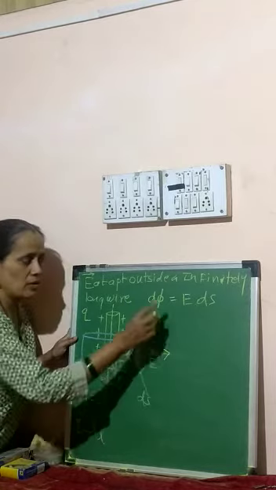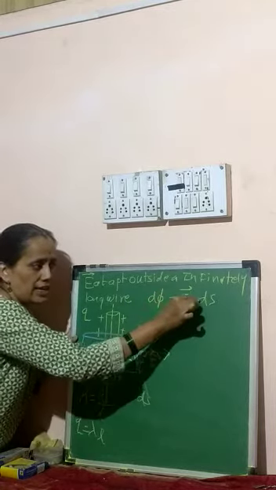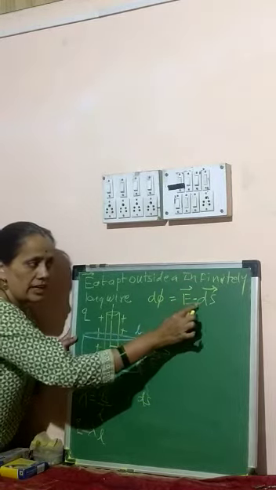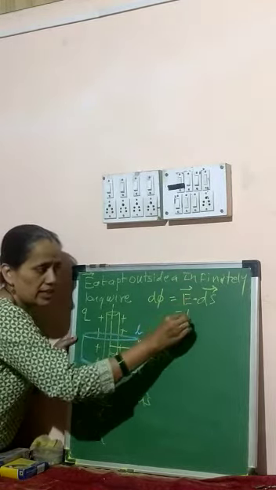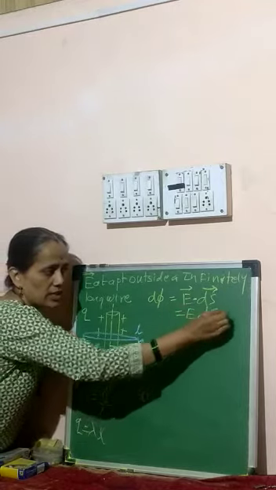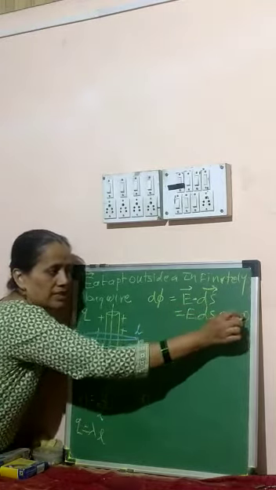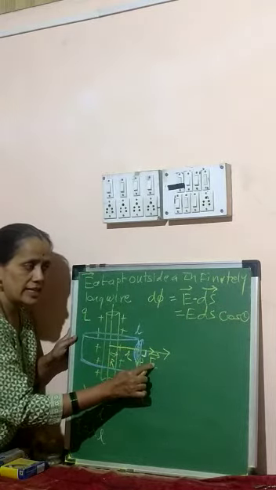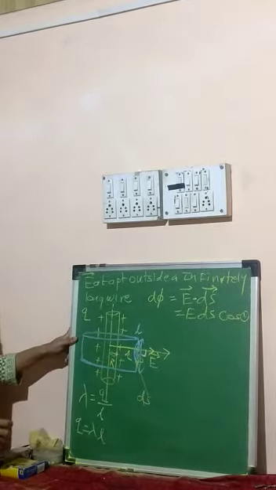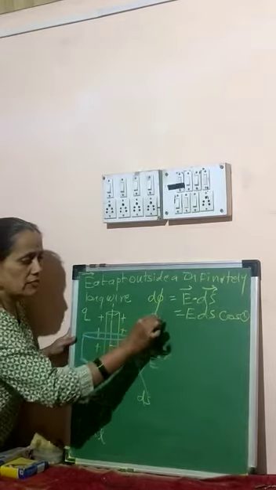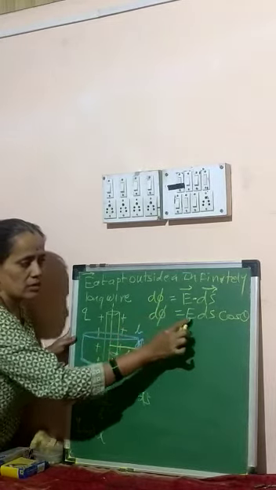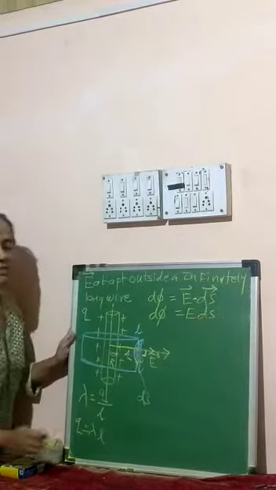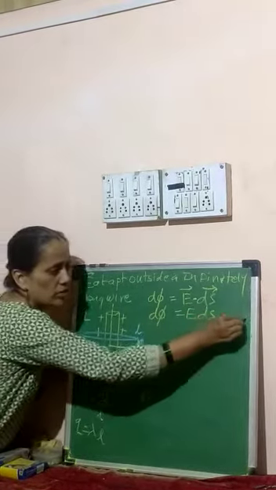As it is 0, if I write this phi equation in the format, d phi is equal to vector E dot ds, which can be written as E ds cos theta, where theta is the angle between perpendicular component of ds and intensity, which is 0, cos of 0 is 1. So your d phi can be written as d phi is equal to E ds cos of 0, and cos of 0 means it is equal to 1. So this is your equation number 1.